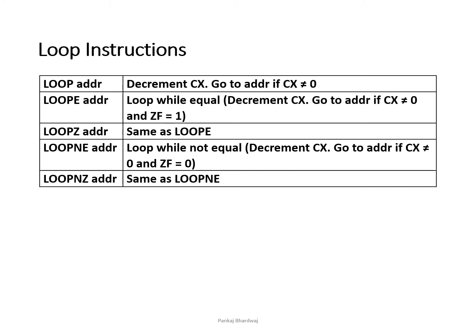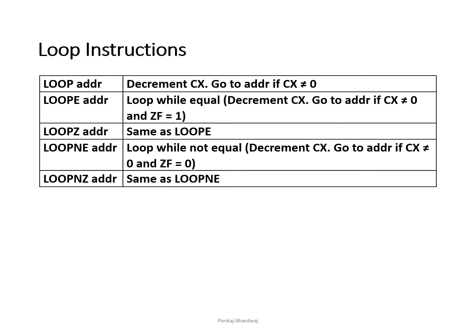But here in 8086 we have a separate loop command. That means by default CX is assumed to be a counter, and we load the value of the count, and we decrement the count for every iteration, and then we check whether the condition is true or not. If it is true, it will go to the address, or if it is not true, then it will fetch the next instruction.